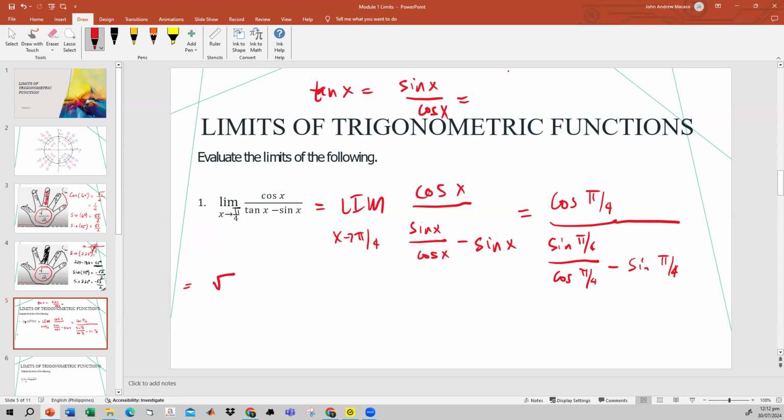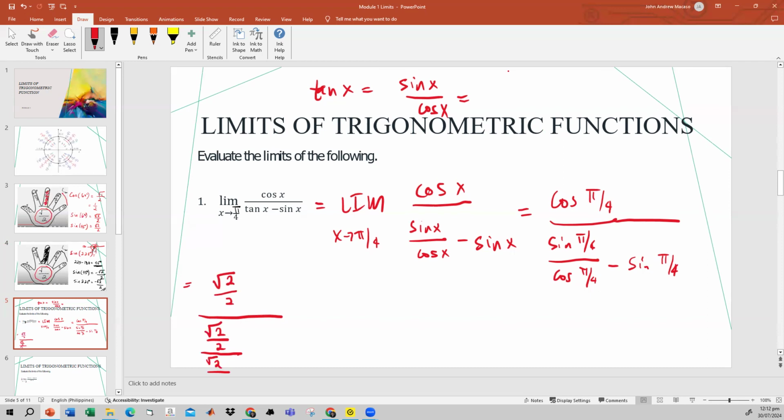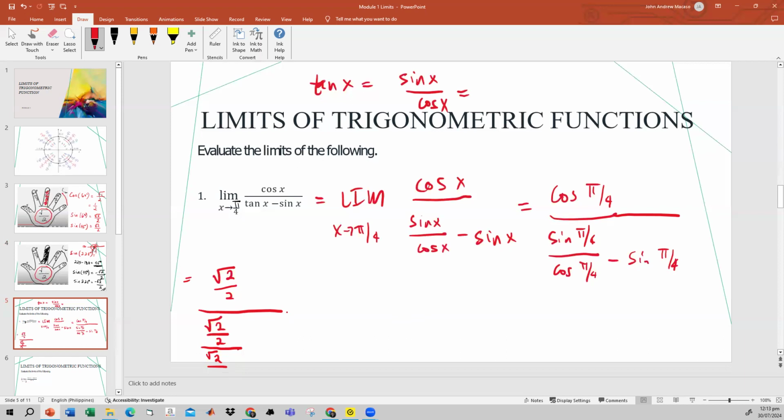Again, that's equal to square root of 2 over 2 over sine pi over 4, which has the same value, square root of 2 over 2, over square root of 2 over 2 as well, for cosine pi over 4.